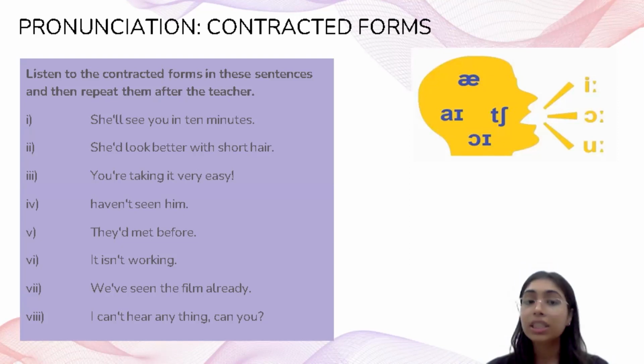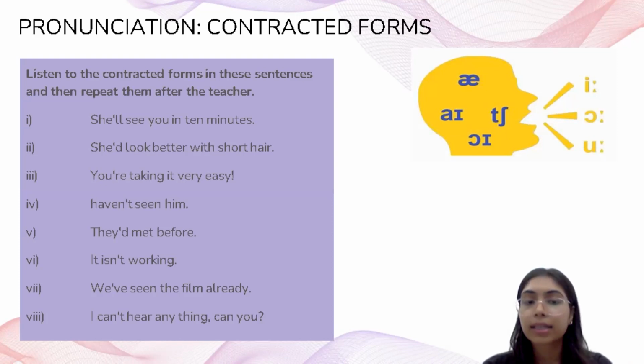So you say, she'll see you in 10 minutes. Then, she did look better with short hair. Next, you are taking it very easy. So you and are we contract and make it, you're taking it very easy. Next, have not seen him. Here have and not made, haven't seen him.